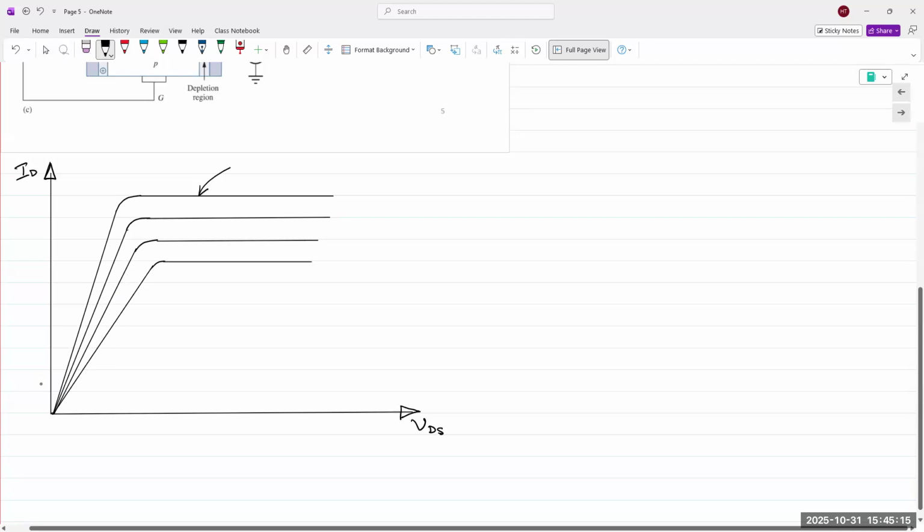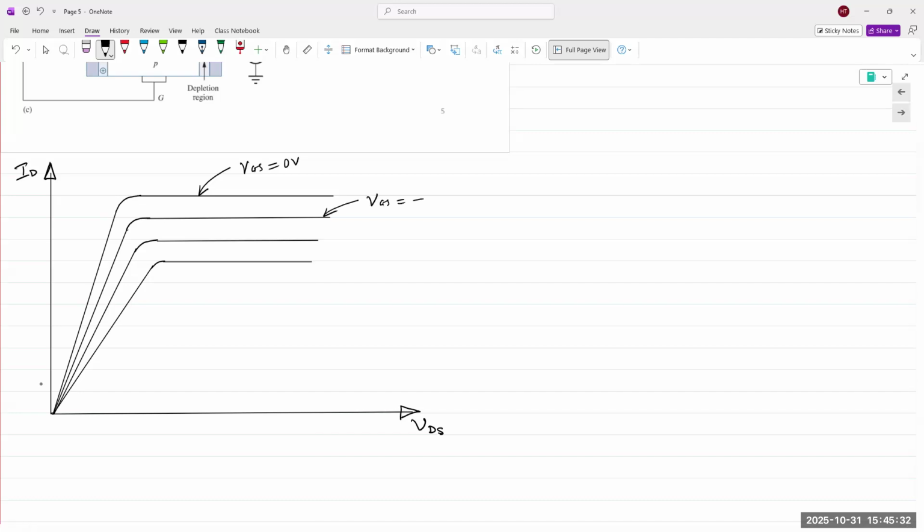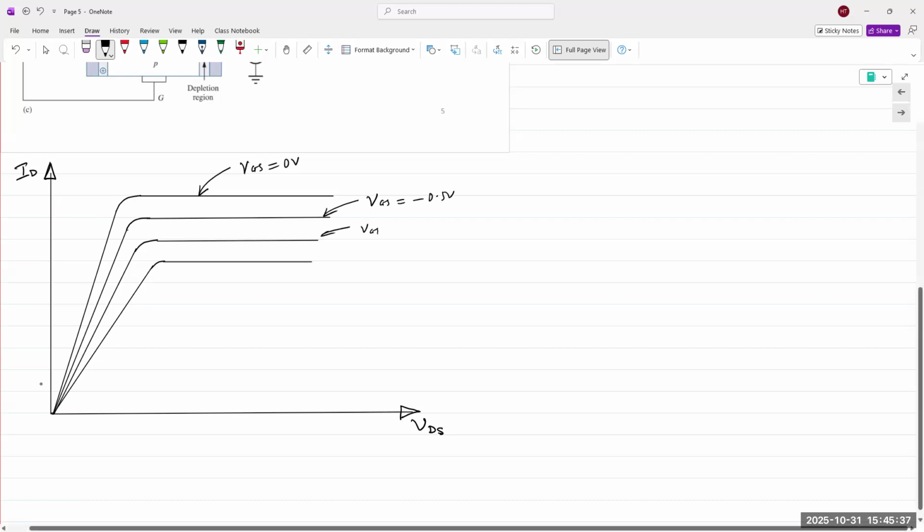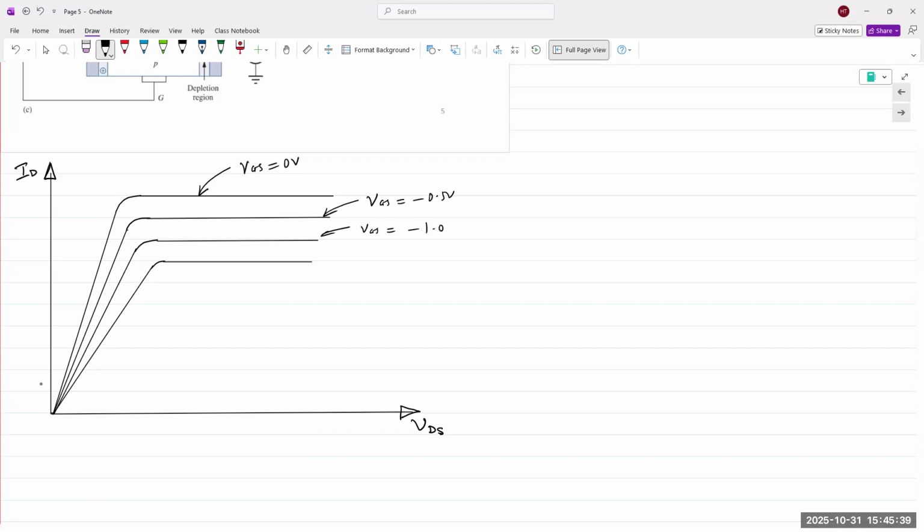So we can obtain a set of curves for every single applied VGS voltage, right? So this is VGS equal to 0 volts. This is VGS equal to some negative voltage, I want to say 0.5. VGS equal to minus 1.